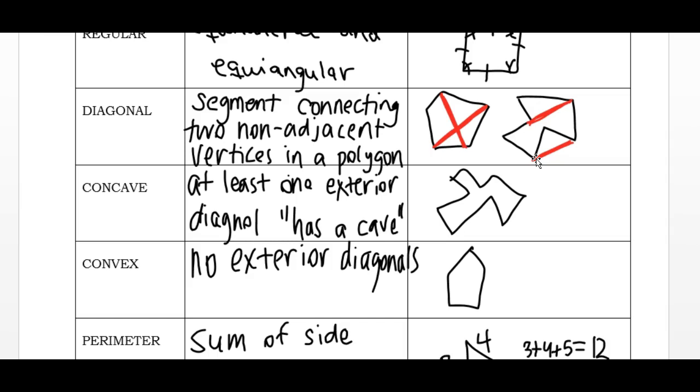Our definition for concave and convex depends on that definition of diagonal. So concave means the polygon has at least one exterior diagonal.